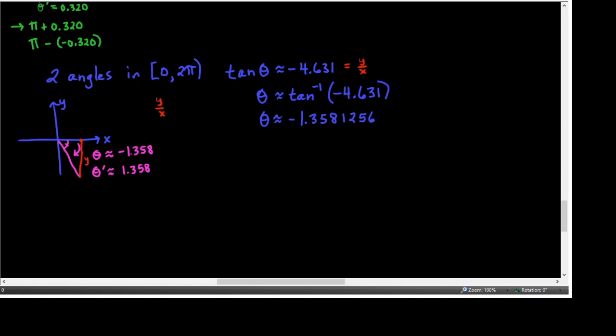Y is a negative number, and x is positive. So that's one possibility: y negative and x positive. Well, what's the other possibility? The other way to get a negative answer would be for y to be positive and x to be negative. So we're going to draw that second one in a second.